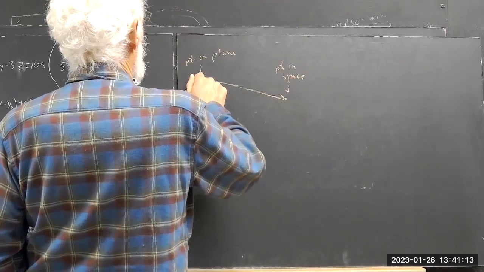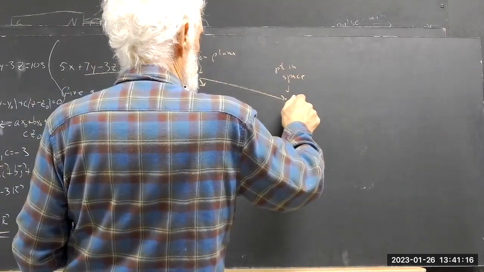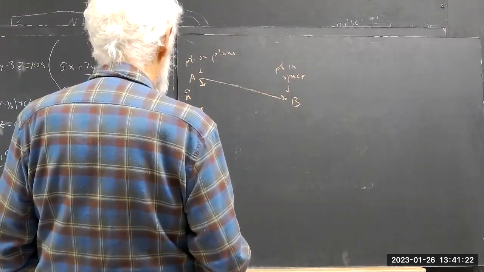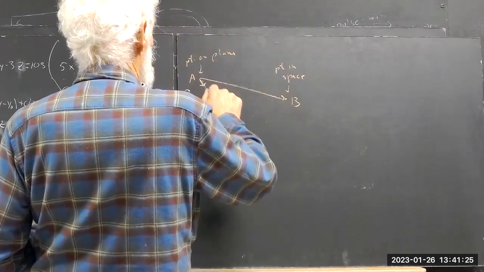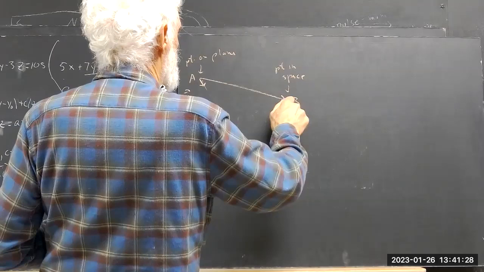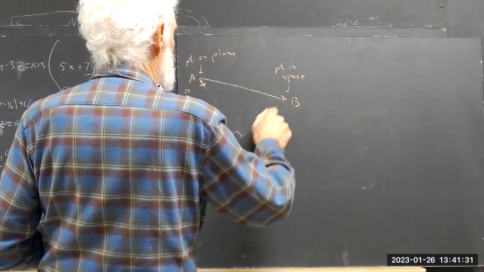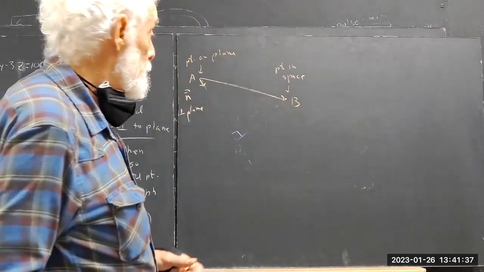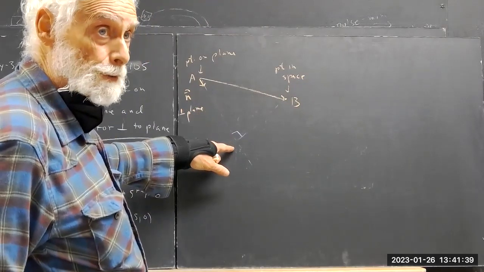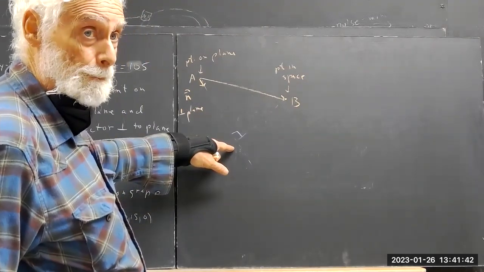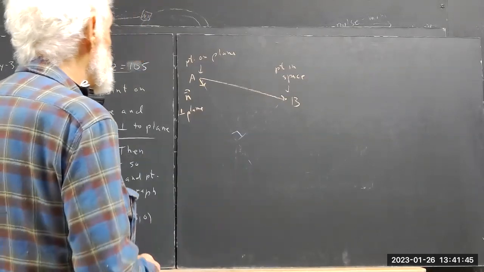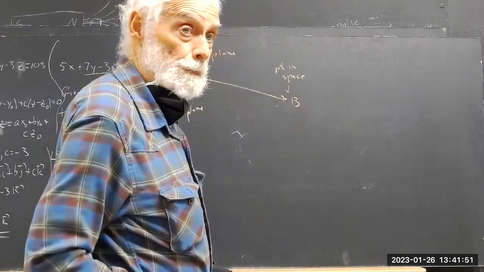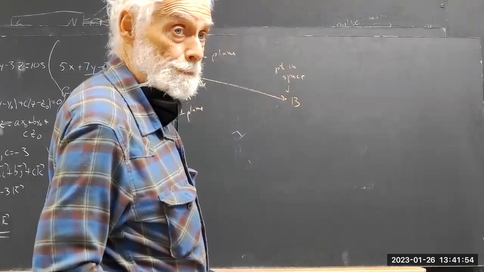So we'll call this point on the plane A. Call the point in space B. We project at a right angle along this line. And this distance is the distance of the point to the plane. So if we went parallel to this projection vector, we'd head up to the point in the plane and would be perpendicular to the plane.